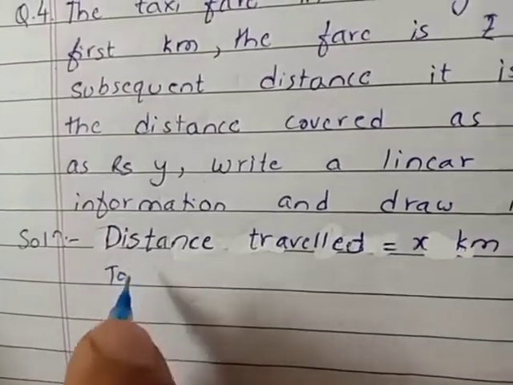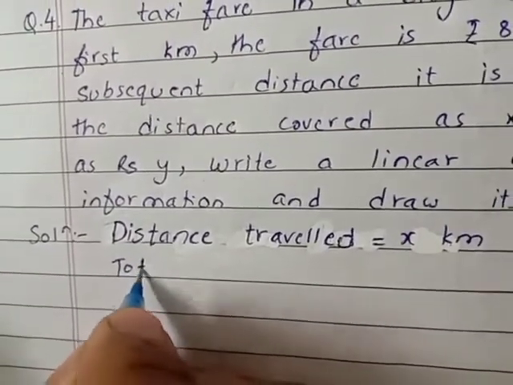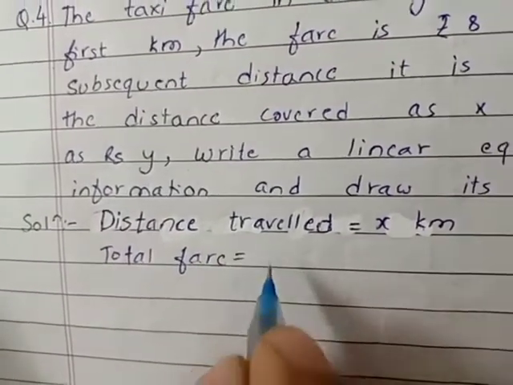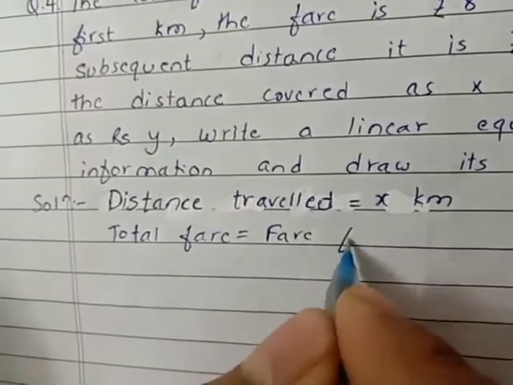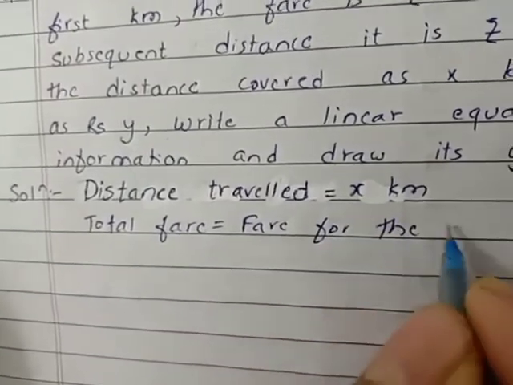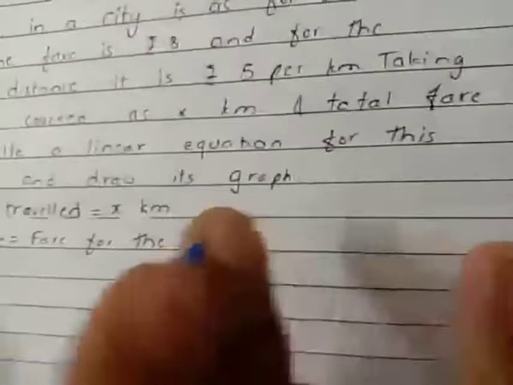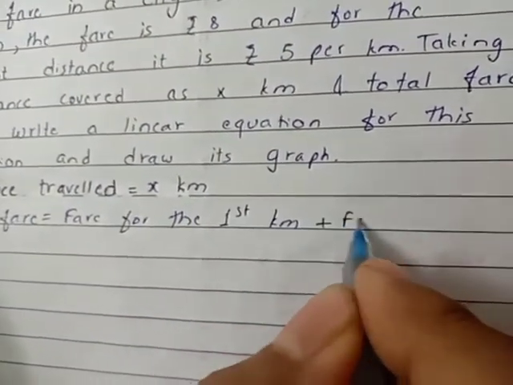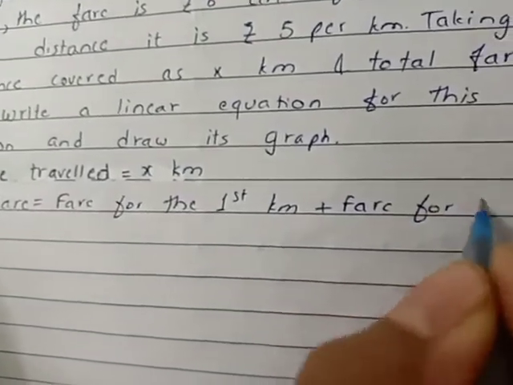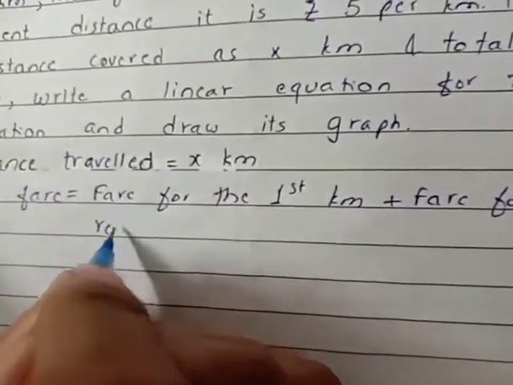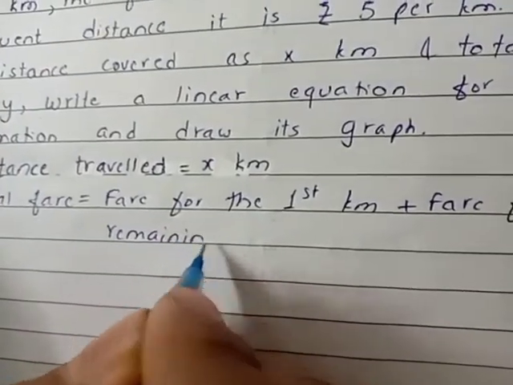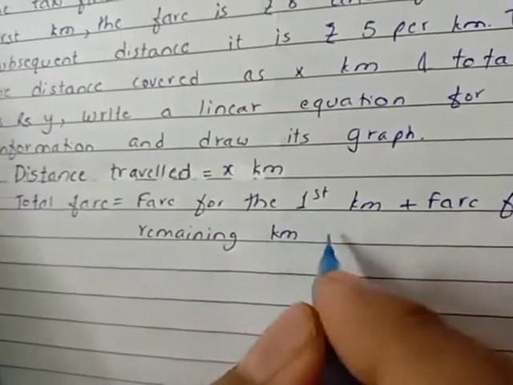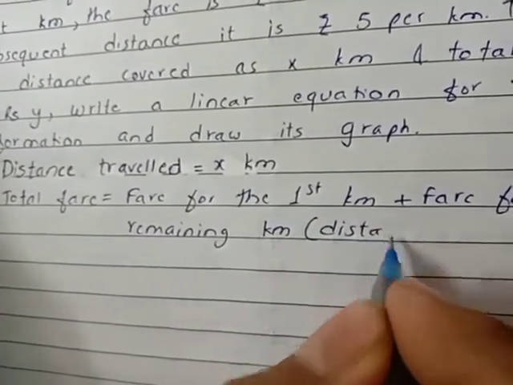Now what will be the total fare? Total fare equal to fare for the first kilometer plus fare for the remaining kilometers, that is for the remaining distance.